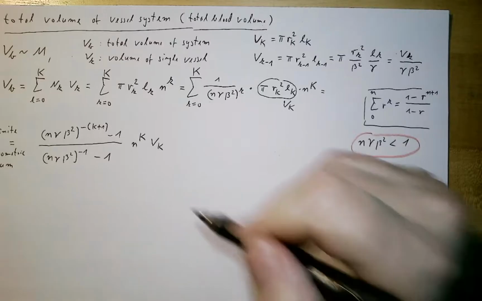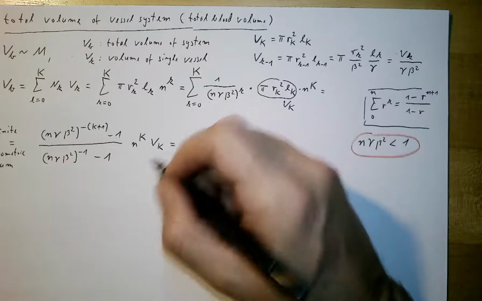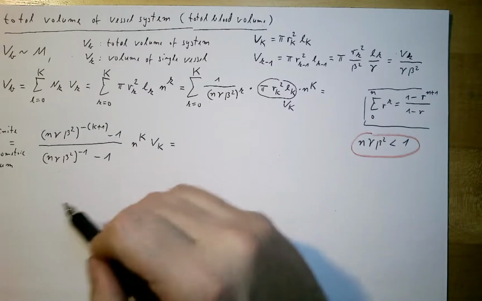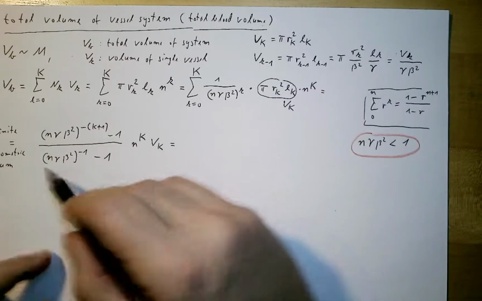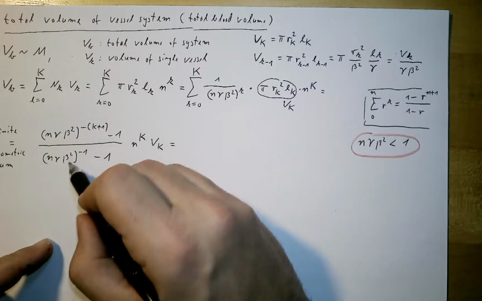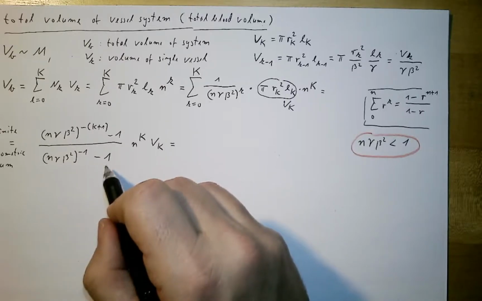And now let's see how we can rewrite the whole thing. First, maybe we multiply everything by n gamma beta squared, and then we have this.